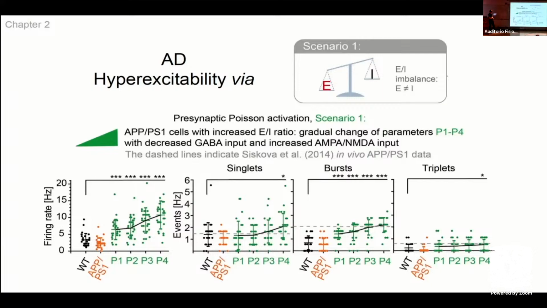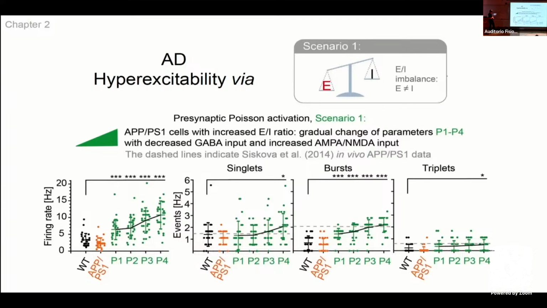And if we then go through these panels, here on the left is the general firing rate, and then we look at singlets, bursts, and triplets of these events. In gray, if you can see it, is what the data shows. So if you're close to that gray line, that is in accordance with the data.